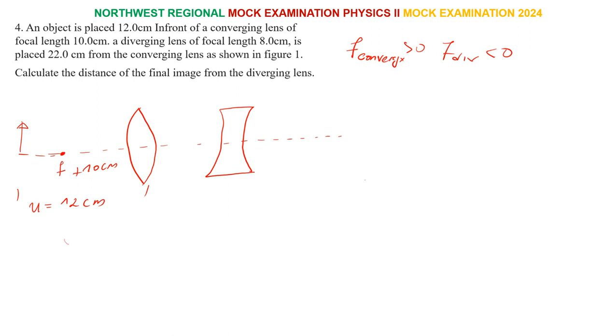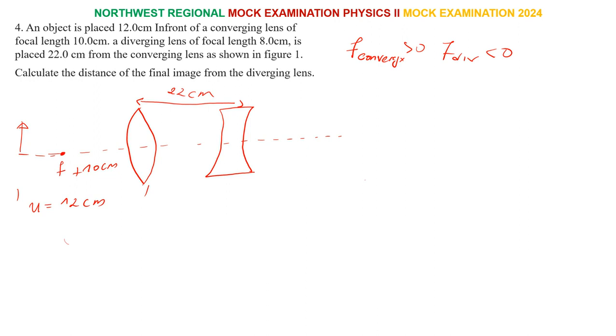So from here, we can now use the lens formula to find the image distance, and note that the distance separating the two lenses was given. So the diverging lens of focal length 8 is placed 22 centimeters from the converging lens. So this distance is 22 centimeters.